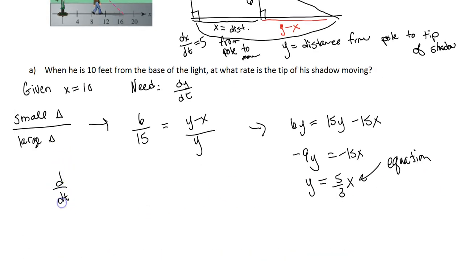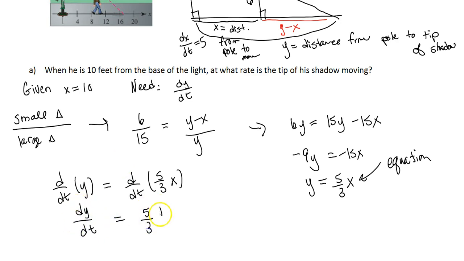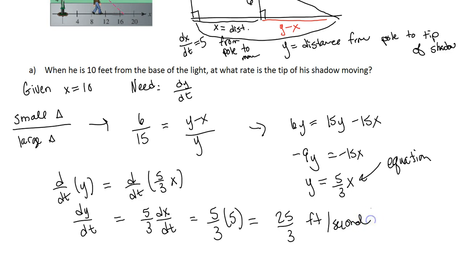So d over dt of y equals d over dt of 5/3 x. So this gives me dy over dt, and this gives me 5/3 dx over dt. And of course I want the dy over dt, and I know that dx over dt is equal to 5 from the original problem. So that tells me that the answer here is 25/3 feet per second.